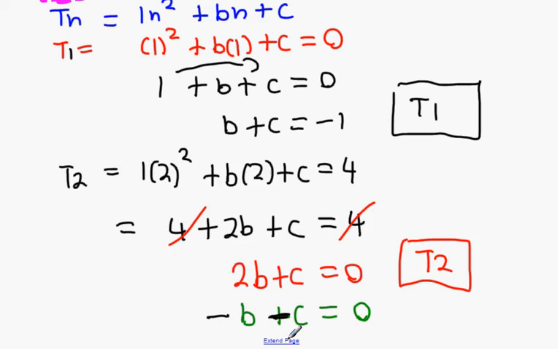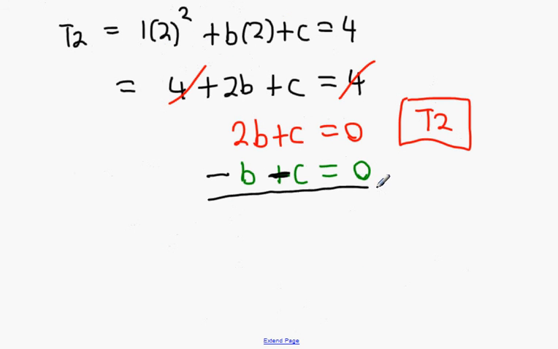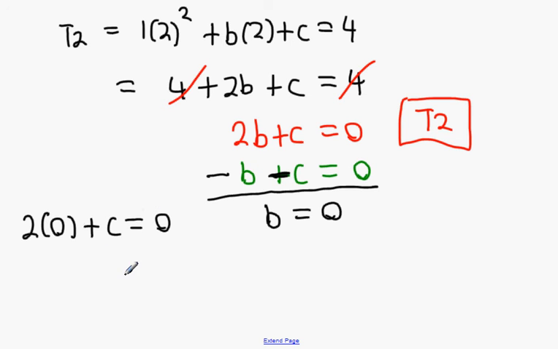So I'm going to get b equals 0. And because b equals 0, what does that tell you about c? 2 times 0 plus c equals 0. Therefore, c also has to be equal to 0.